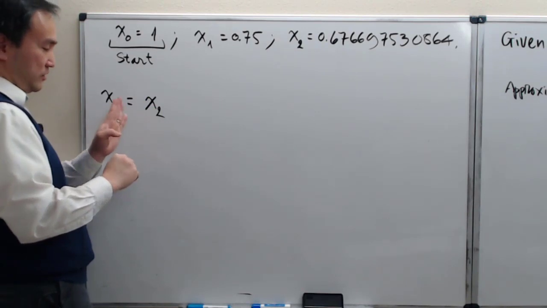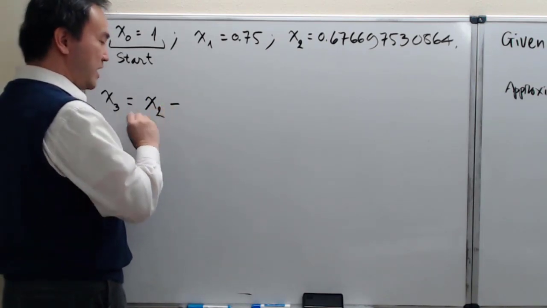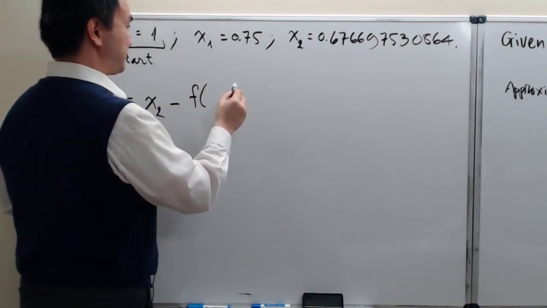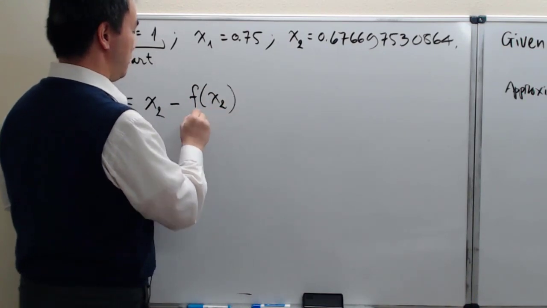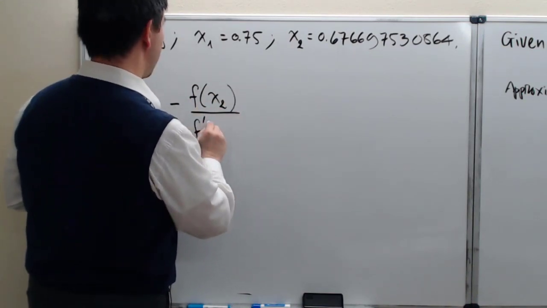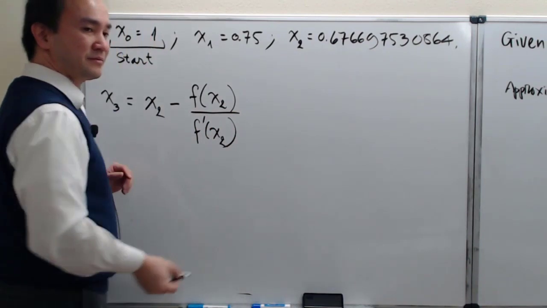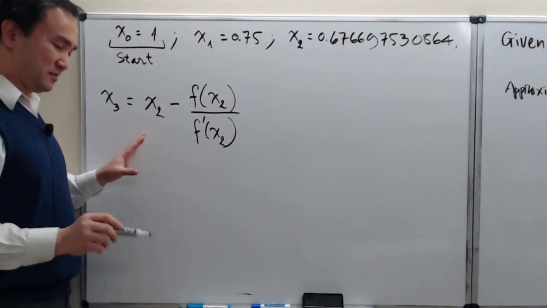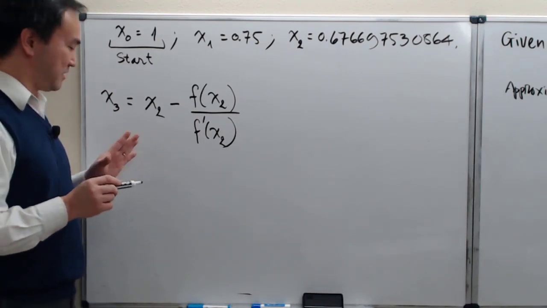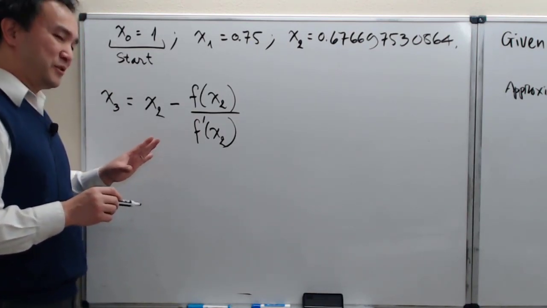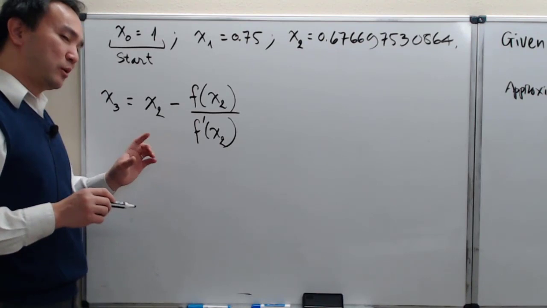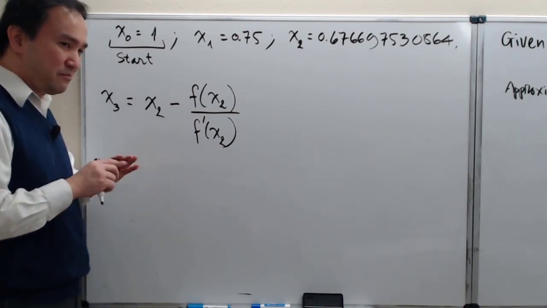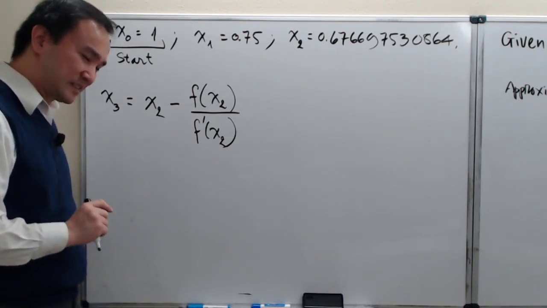So x3 is going to be x2 minus f of x2 over f prime of x2. And that's it. This is the third time we are seeing this formula. I believe that any viewer following along with this video lesson is starting to click with the generality of this formula. It shouldn't be too complicated to recognize.